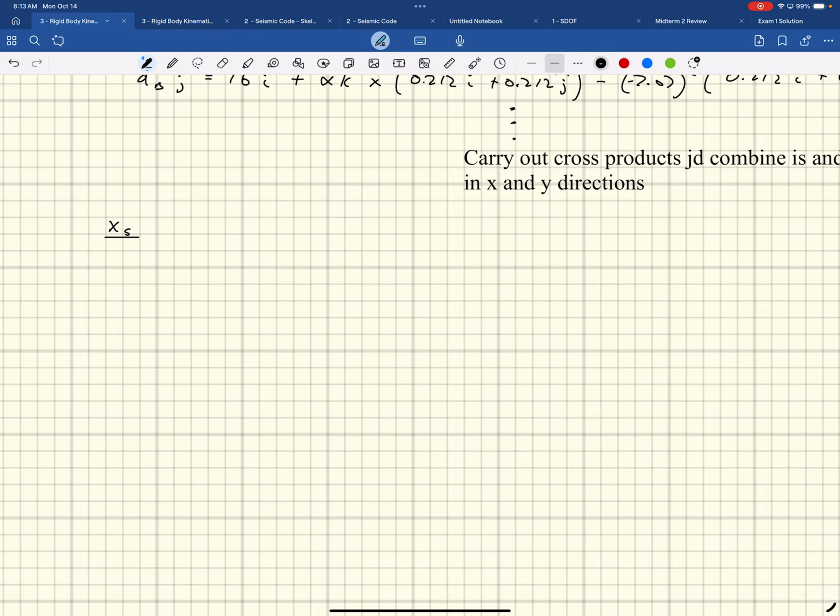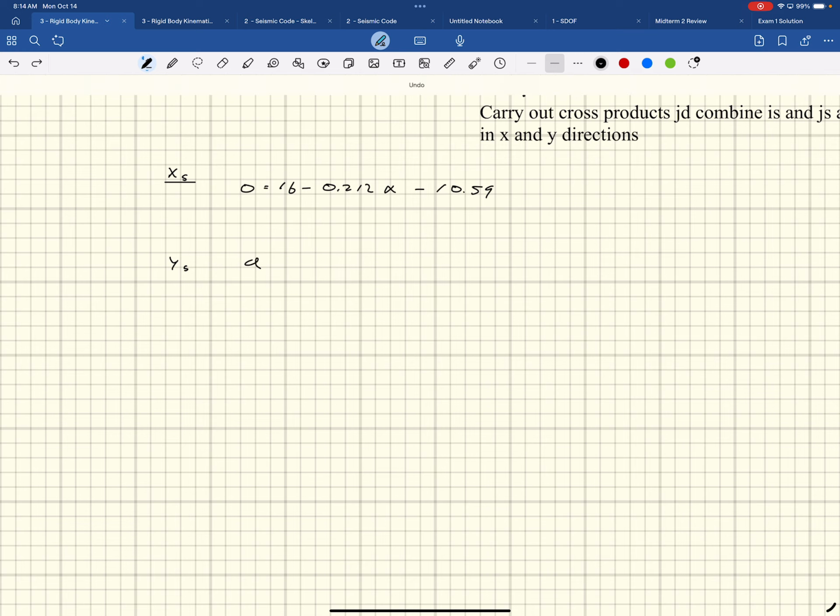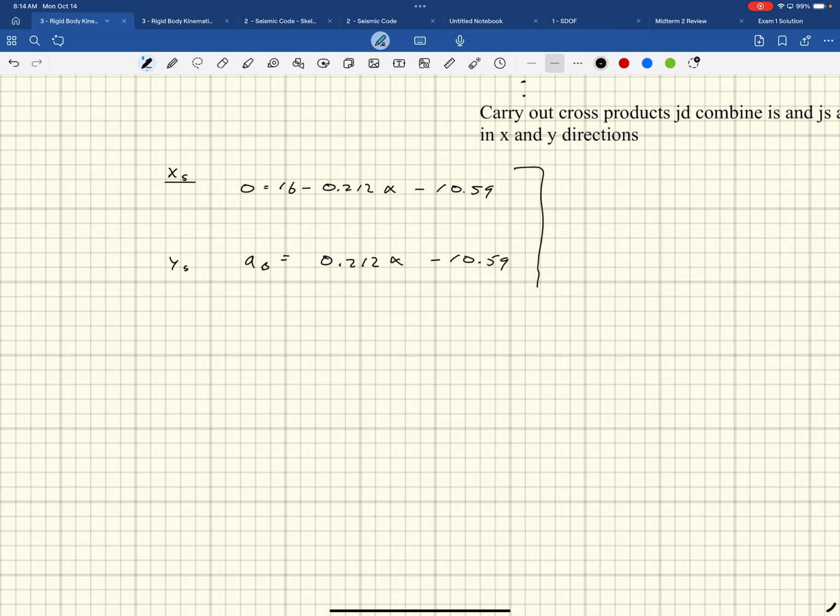X direction: 0 is equal to 16 minus 0.212 alpha minus 10.59. And the y direction, let's call it y's, you get AB is equal to 0.2212 alpha minus 10.59.